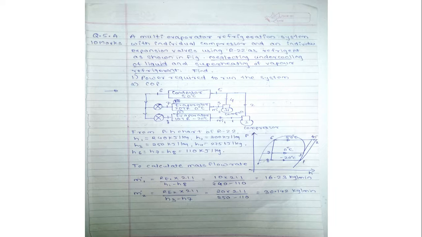RE1 is the refrigerating effect of the first evaporator, and we multiply it by 211 to convert tons of refrigeration into kilojoules per minute. H1 minus H8 is the refrigerating effect per kg of the first evaporator, and for the second we use H3 minus H7. By putting in the values, we get the mass flow rates m1 dot and m2 dot.